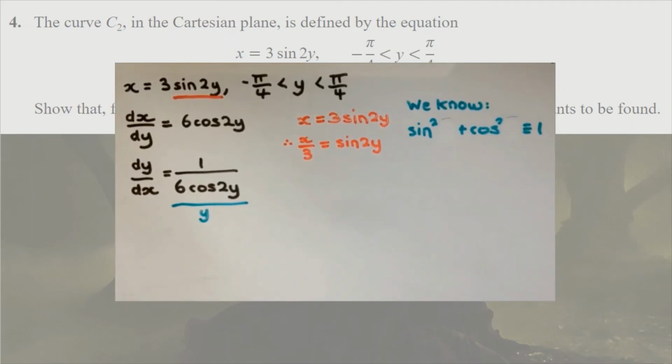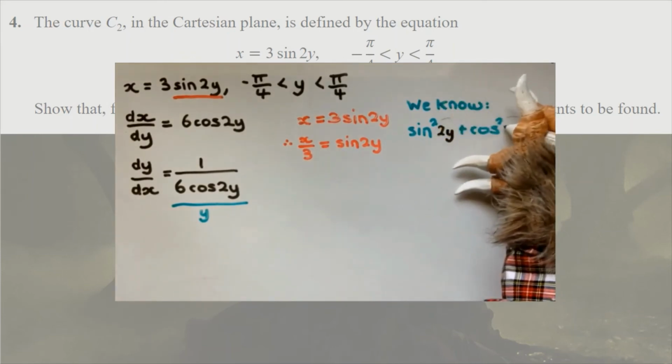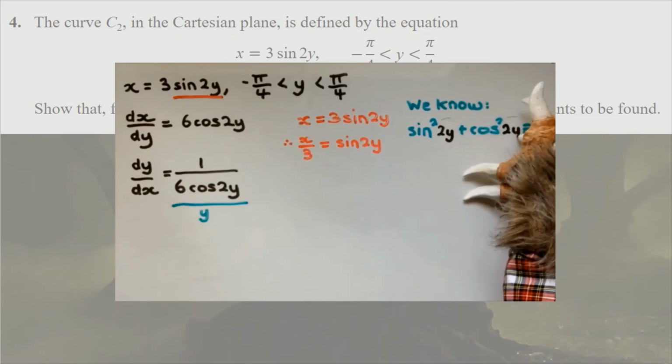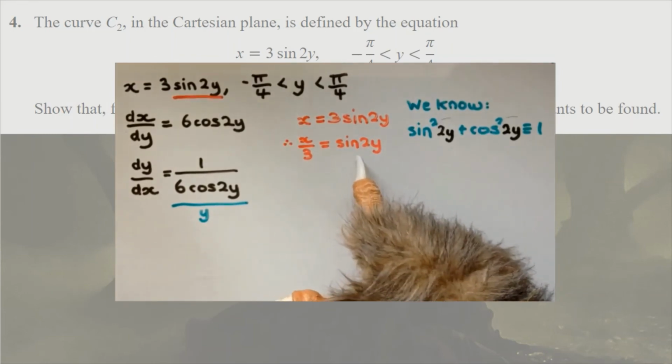Just be consistent with your angle. So this is actually 2y. Or it could be anything you like. It depends what the question suggests, of course. So that's also valid.